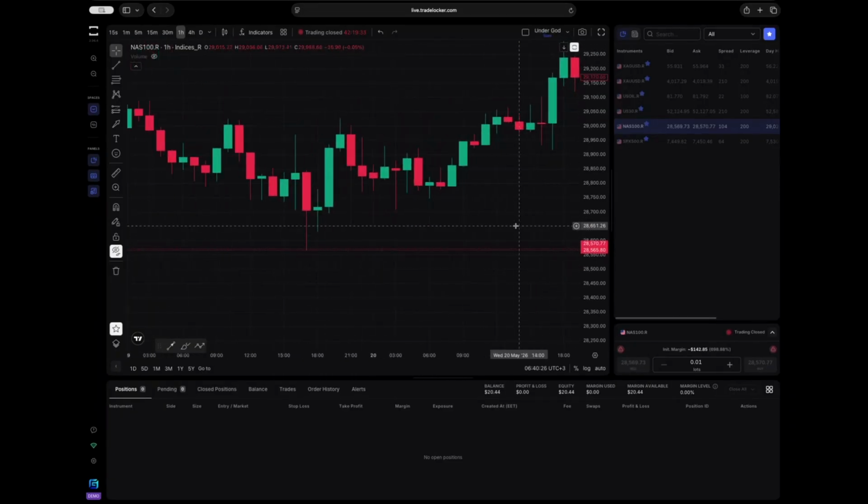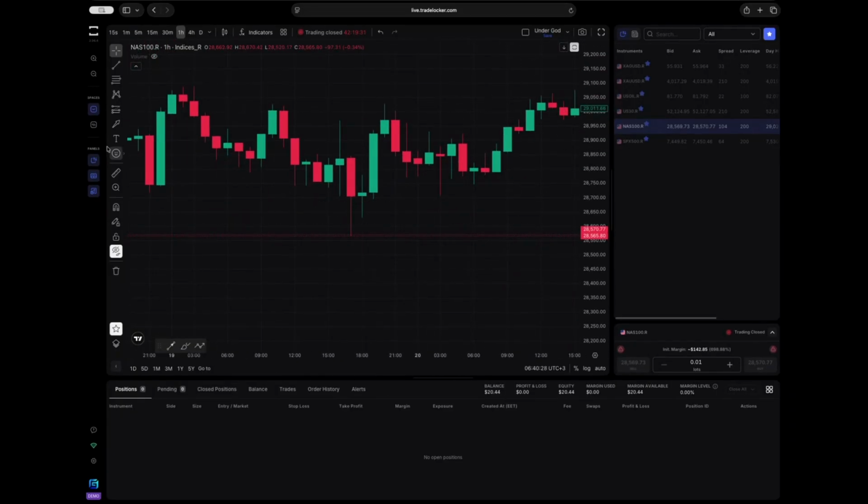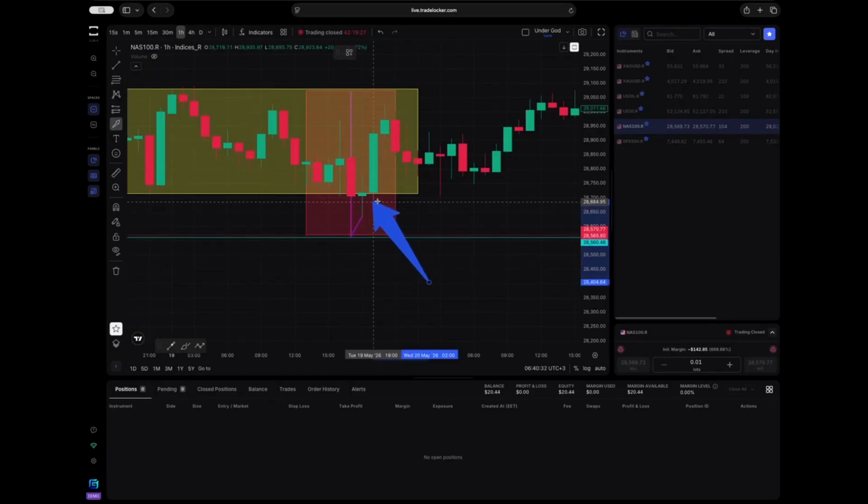So had I been watching this, I would have entered at the start of this candle. So when that new 1 hour started, I would have entered here. And where would I have put my stop loss? I would have put my stop loss here, because if we break that point, that means we might be going a different direction. I would put my stop loss there.